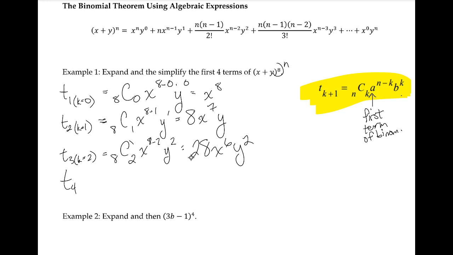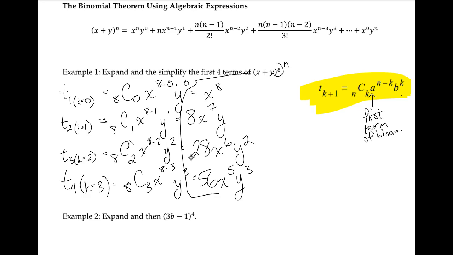And term 4, k equals 3. I'd do 8, choose 3, x to the 8 minus 3, y to the 3. And that would get me, using my calculator again, 56 x to the 5 y cubed.